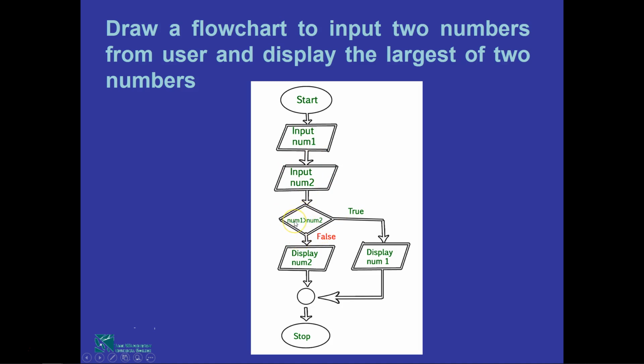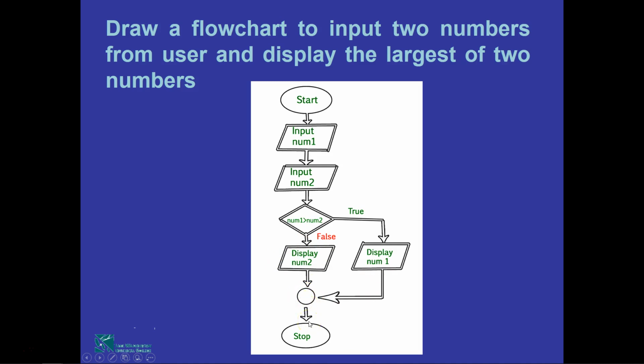It is checking if the number 1 entered is greater than number 2 or not. If it is true, then display number 1, and if it is false, then display number 2. Then it is sent to this connector box, and then to the stop.